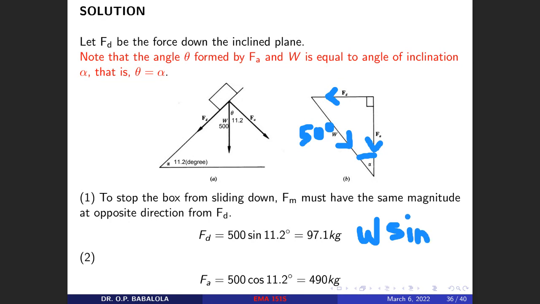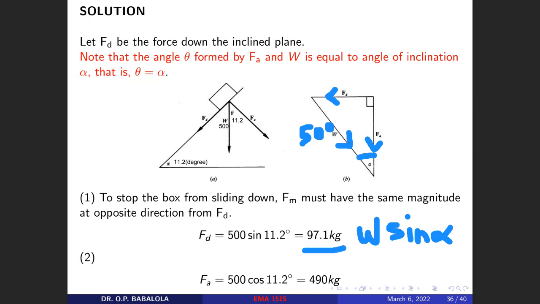Sine alpha. This is what we have done. And W is 500, alpha is 11.2. So we have got this to be the minimum force required to avoid this box from sliding down.